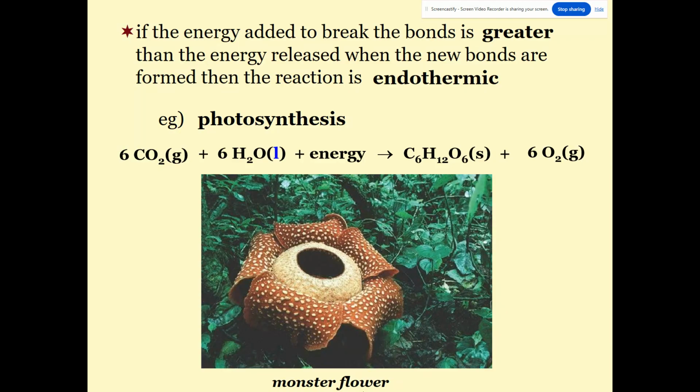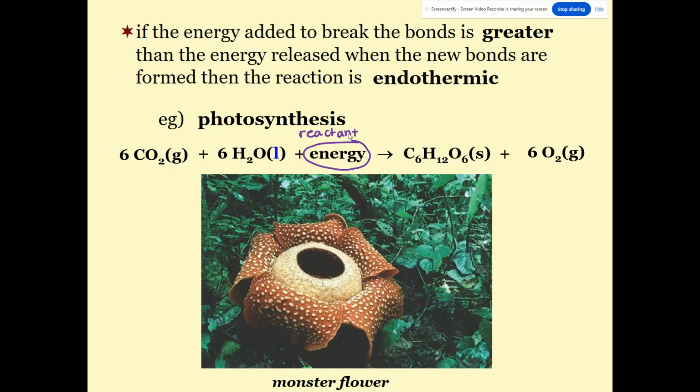It happens in plants where plants take in carbon dioxide and liquid water, and they're absorbing energy. So notice how energy is written here as a reactant. Whenever you have an endothermic reaction, it's absorbing or using or reacting with energy. So energy is on the reactant side of the equation.